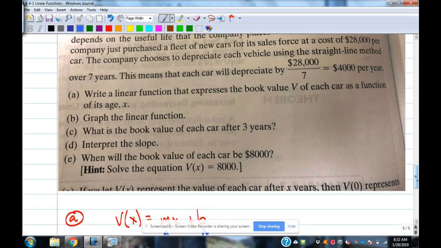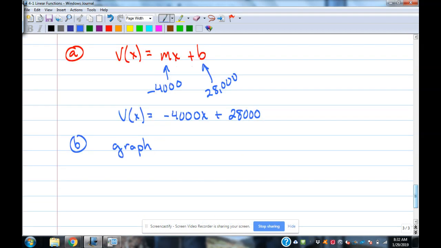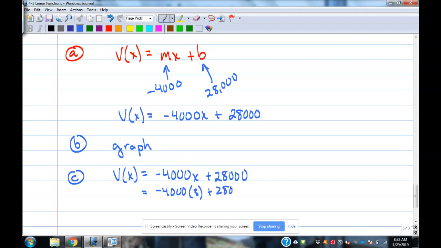C part. What's the book value of each car after 3 years? So how do we find that? Plug in 3 for the number of years. So that'd be negative 4,000 times 3 plus 28,000.